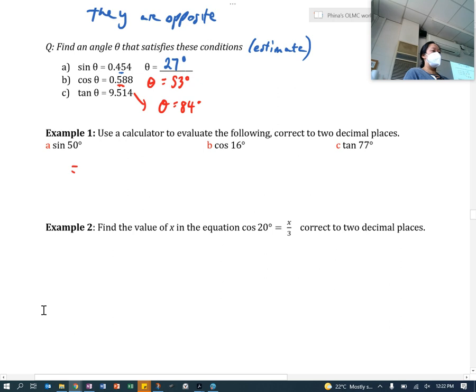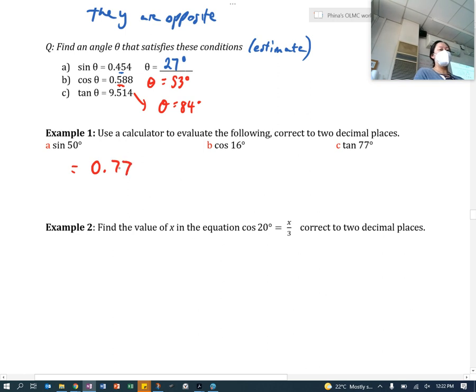Okay, cool. So sine 50 degrees, yep. Just do control enter. Because you know how they're opposites, so it tells you the opposite. Sine 50 degrees, somebody? 0.76 or 0.77.